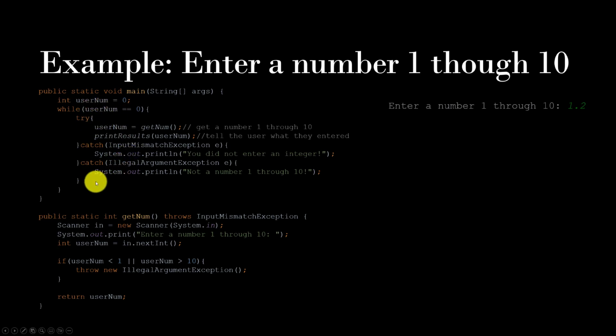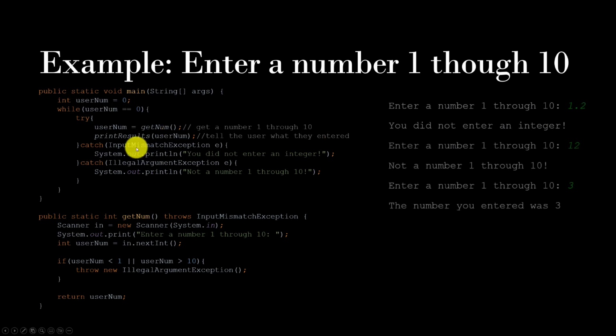The reason why this works so well is that when this throws one or two of the errors, it skips down to the catch blocks. So it never actually stores anything in this user num. If you enter 1.2, user num never becomes 1.2 because it skips down to the input mismatch exception.